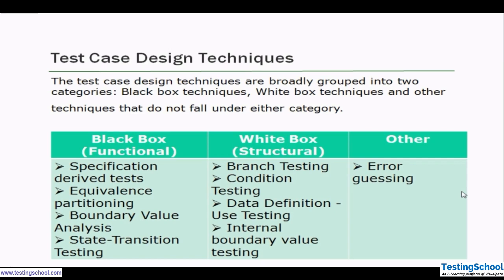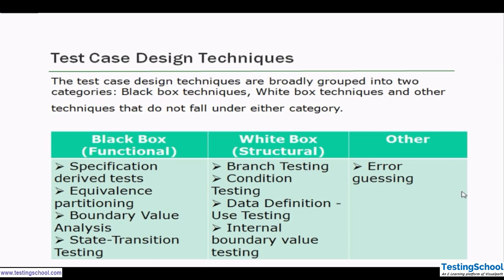Then we have the error guessing. Error guessing is nothing but testing which a tester does based on his or her experience. We guess that in this feature, this could be an issue while we are testing.